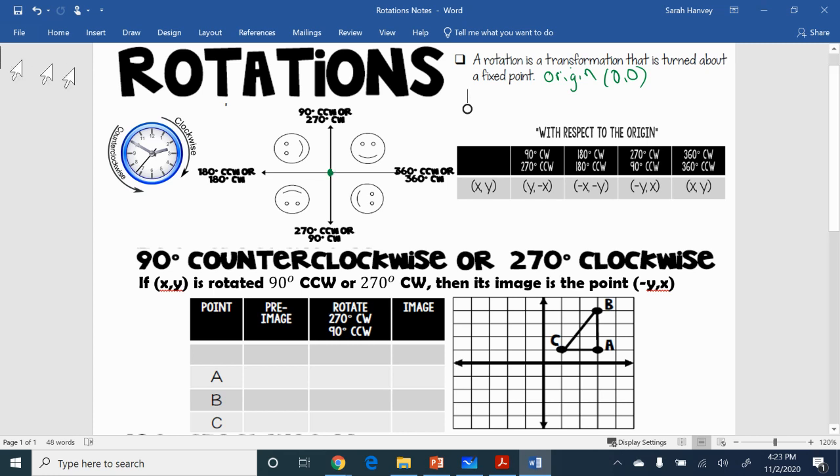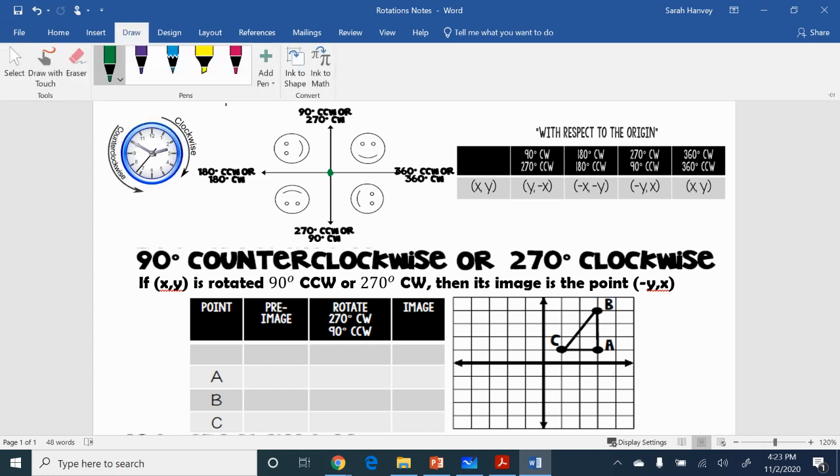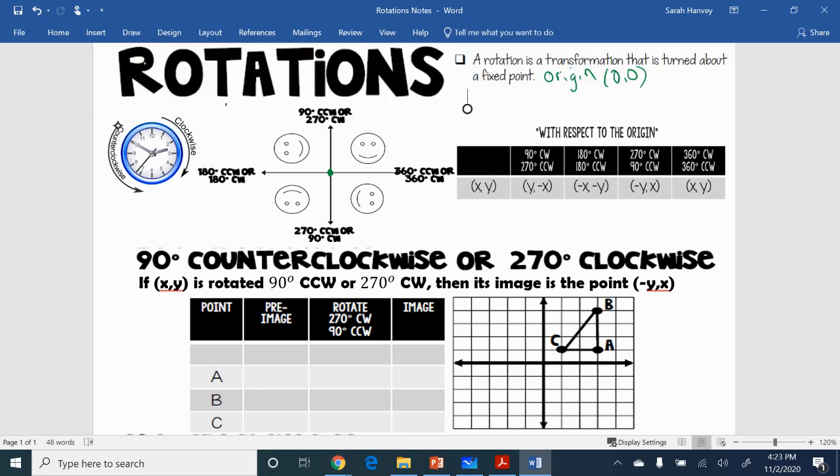And so a few things that you need to know is the difference between clockwise and counterclockwise. Clockwise is what you would think. It goes along in a circle like the clock, where counterclockwise is the opposite direction. And the majority of the time, not always, we're going to focus on counterclockwise.